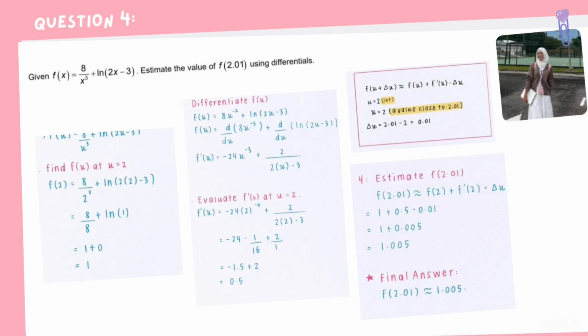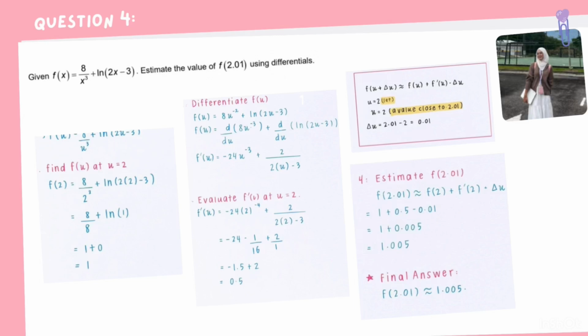Next, we have to differentiate f(u). f(u) equals 8 over u cubed plus ln(2u minus 3). Differentiate each part. The derivative of 8 over u cubed, which is 8u to the power of minus 3, is d per du of 8u to the power of minus 3 equals minus 24 u to the power of minus 4.